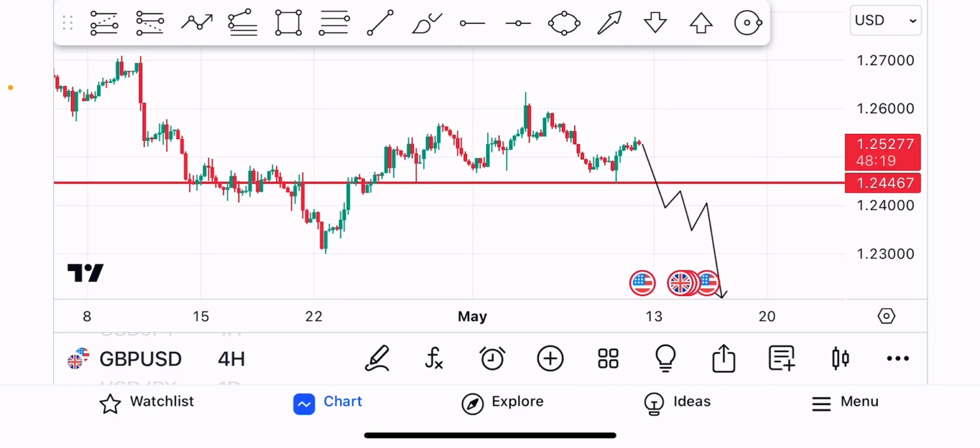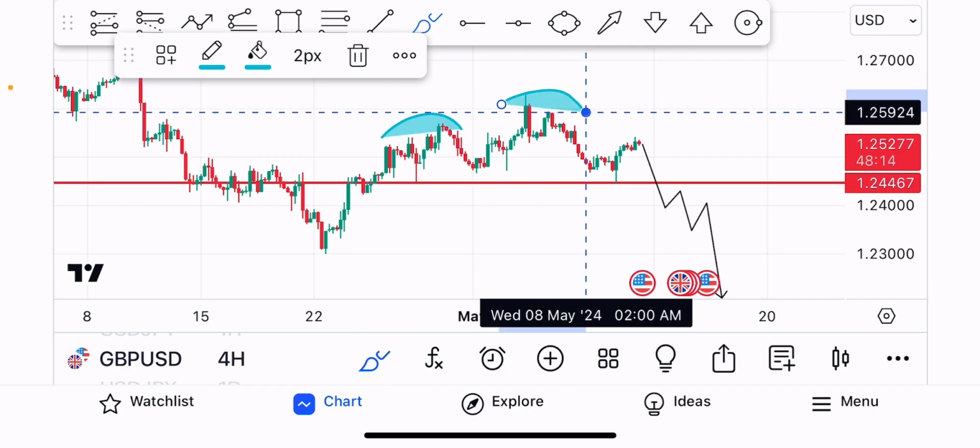perspective, because we've just seen where price is trying to give a structure that looks like a double top, and whenever we see this pattern, it gives us an insight that there could possibly be a reversal or a continuation to the downside.